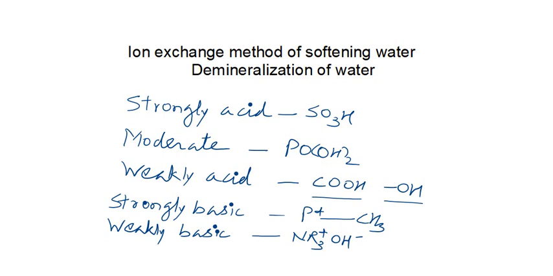R3 is mostly CH3 or C2H5, like that. So these are some of the groups which are there in cation exchange resins and in anion exchange resins.